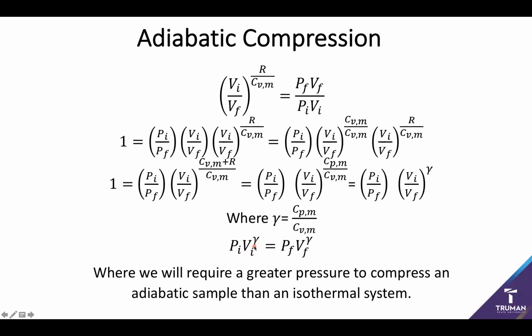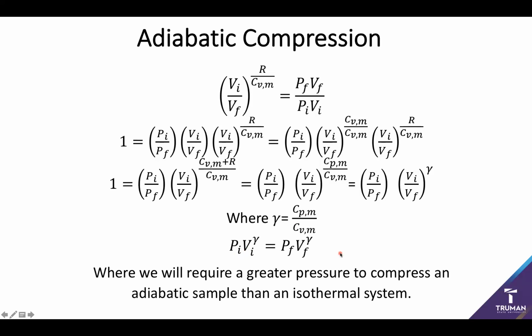And so what we're going to be finding is that because our gamma term will always be greater than 1, we're going to see, in general, a greater pressure increase than we would for a simple isothermal system.